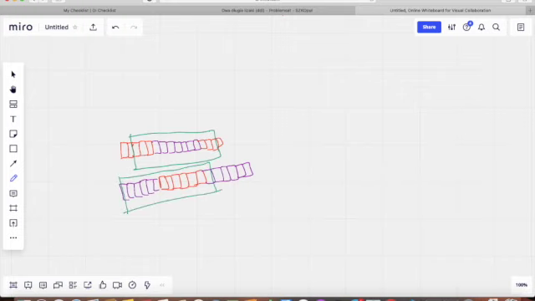So what is the total length? 1, 2, 3, 4, 5, 6, 7, 8, 9, 10, 11, 12, 13. The length of both of the segments are same. So this is also 13 length, this is also 13 length.